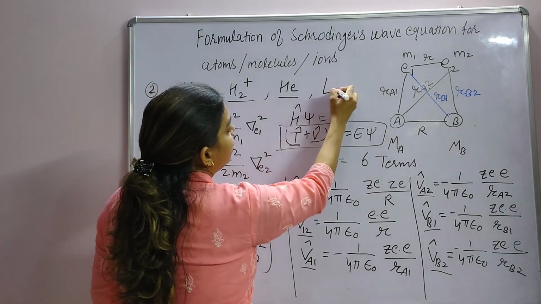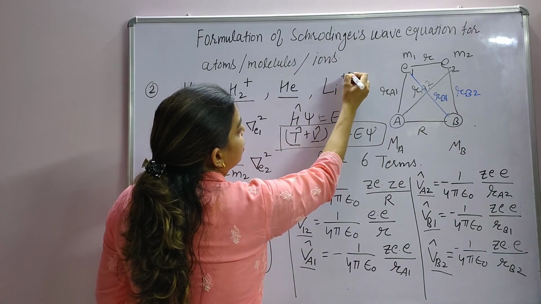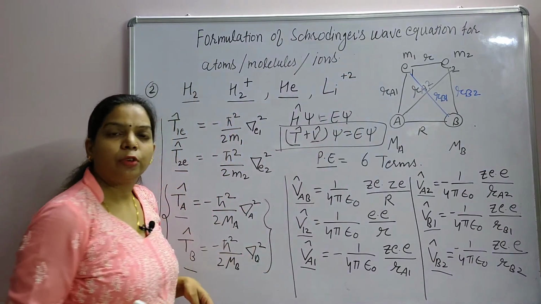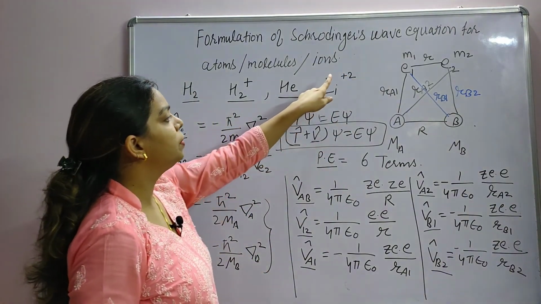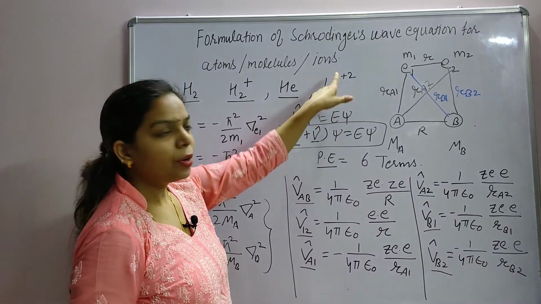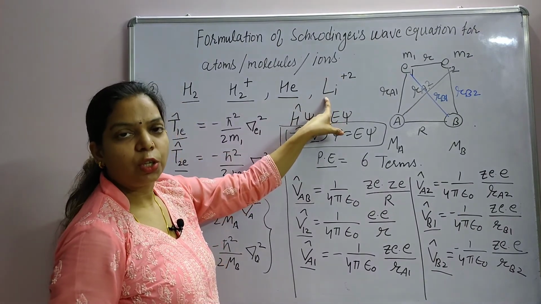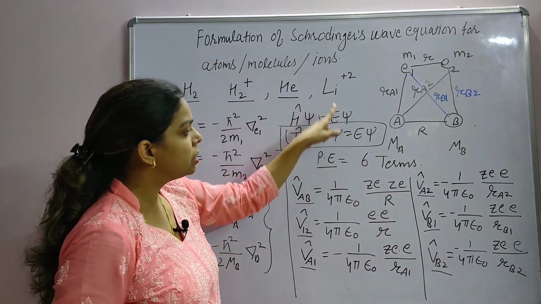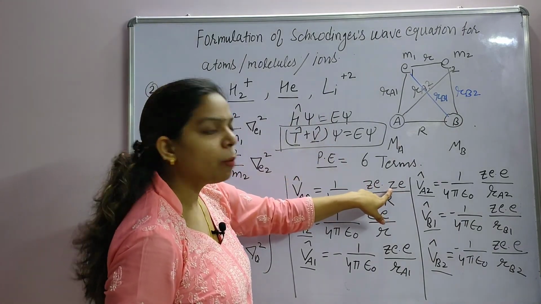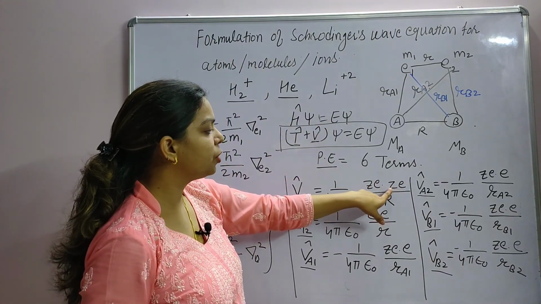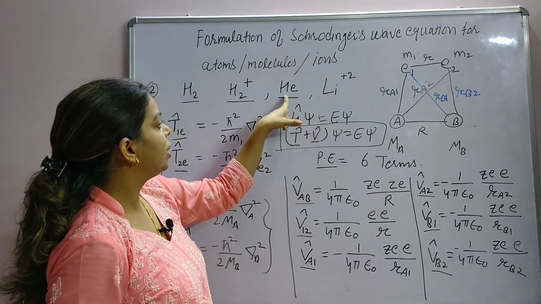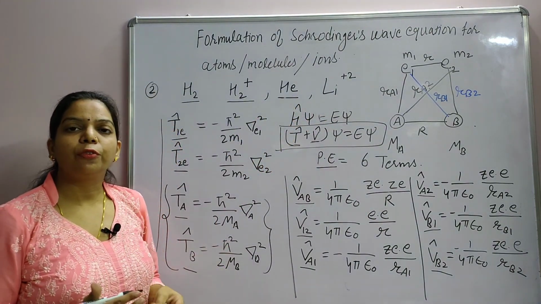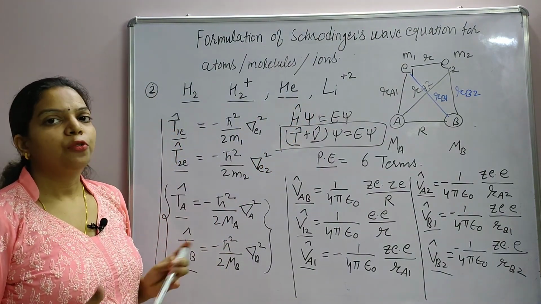For lithium ion, for the lithium ion also you will have 1 electron and 1 nucleus, but charge on the nucleus will be different, which is dependent on Z, atomic number. So that will be 3e. So charge will vary in all the atoms, and accordingly you can formulate Schrodinger's wave equation for any system.